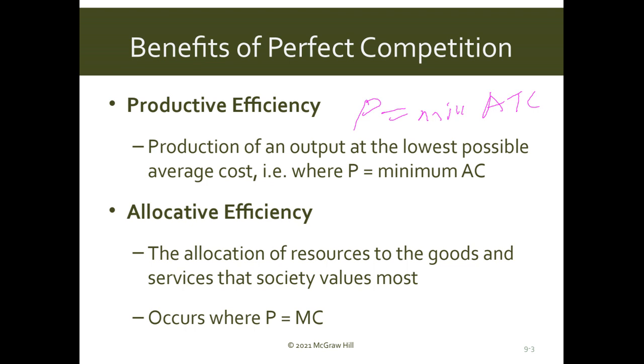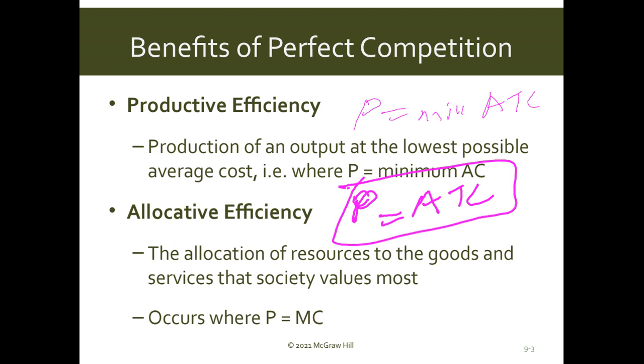One thing you must remember, that zero profit does not mean that price is equal to minimum average cost, right? So if I write P equal to average total cost, if this is the case, then the firm is earning zero economic profit.